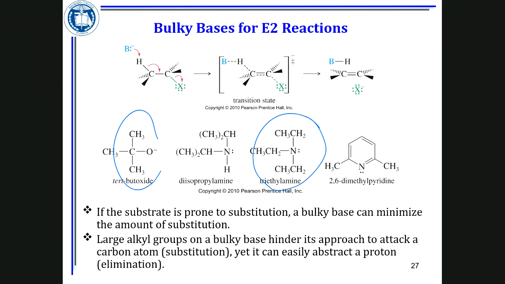But if you have a bulky base, it would slow down the SN2, because for SN2, steric hindrance is going to be a problem. At the same time, a bulky base is going to remove the hydrogen from the least substituted carbon that is less hindered.